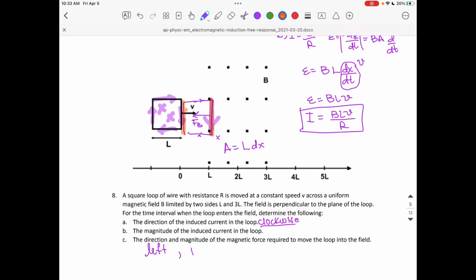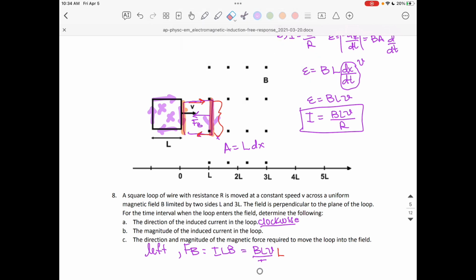And then the magnitude of force required to move it to the left would be your magnetic force equation. F_B is equal to ILB, and we've got our current as BLv over R. L is going to be the length of the loop that we're analyzing, which is this length of loop, so that's just L. The reason why we're not taking the others into consideration again is because each side is going to experience a force in a different direction, and we already know that this side and this side are going to cancel out.